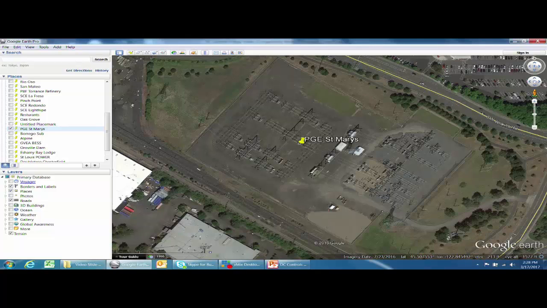They lost the line to Keeler and the line to Sherwood, and this line doesn't have the capacity to hold the load at that time, and they ended up blacking out the entire west side of the greater Portland area for about 10 or 15 minutes.